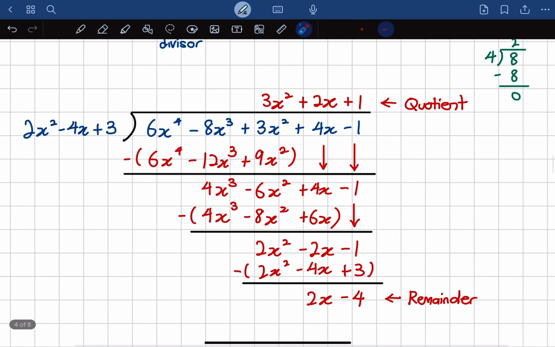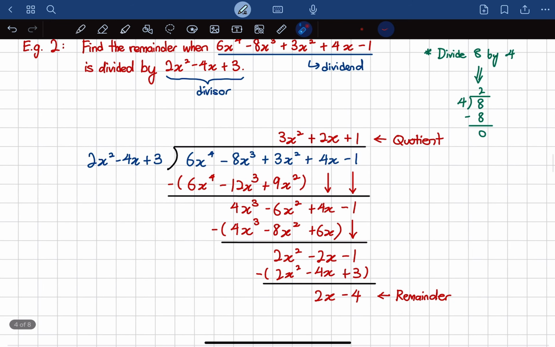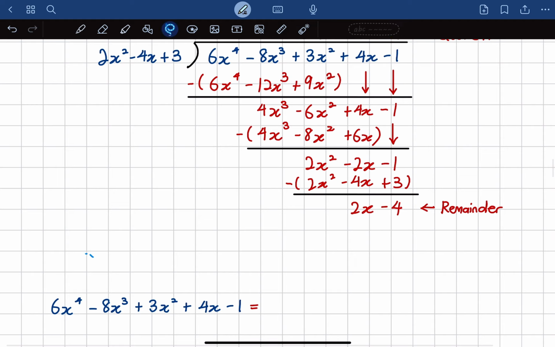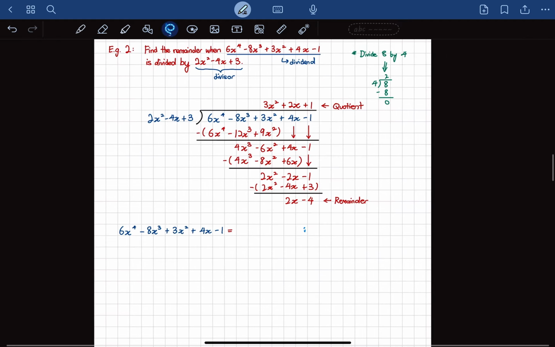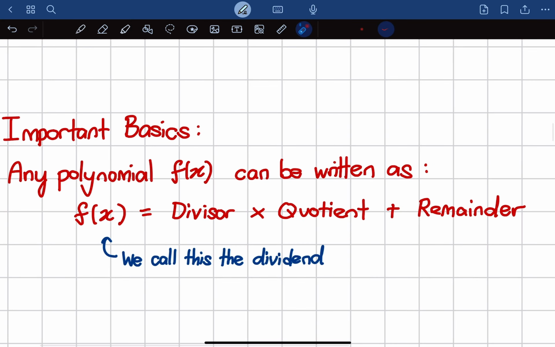Okay, so to answer the question, we have found the remainder. Find the remainder in this case over here. My remainder is 2x minus 4. And therefore, last step, I can rewrite this whole polynomial originally given in this form here. If you recall what we have learned, any polynomial in this chapter can be expressed in this form, divisor times quotient plus remainder.